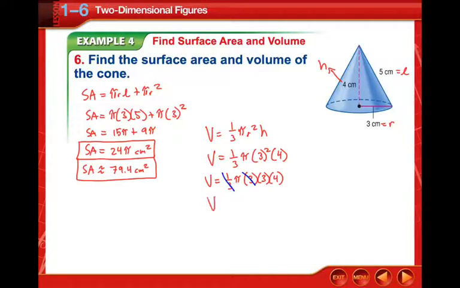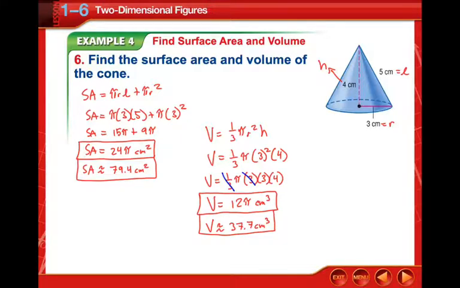That's 12. So this is just 12 pi centimeters cubed. Again, that is our exact answer. If we do want a rounded answer, it doesn't tell us in this one, but typically it'll tell you. It comes out to be about 37.7 cubic centimeters. And there you have it.